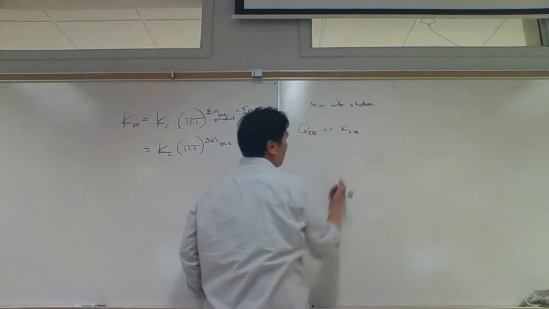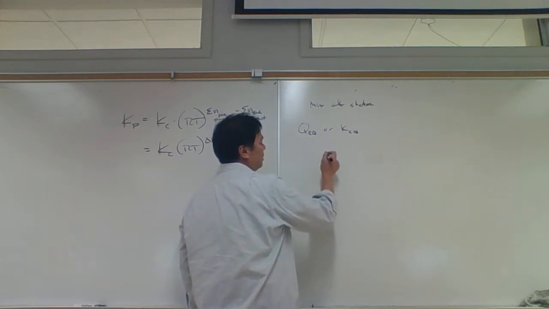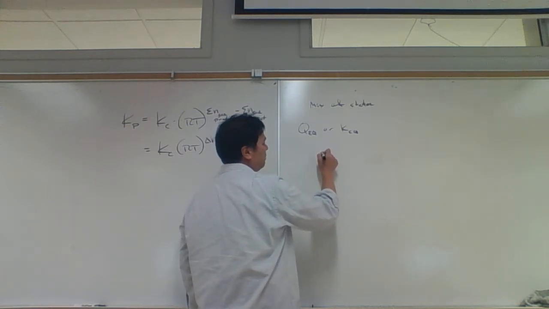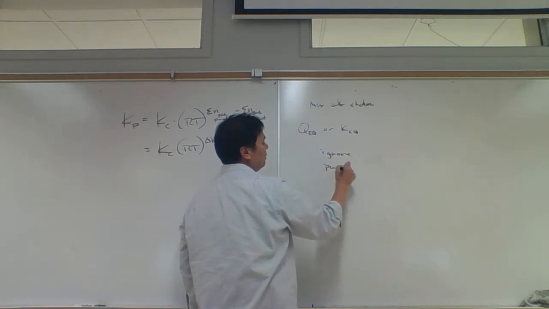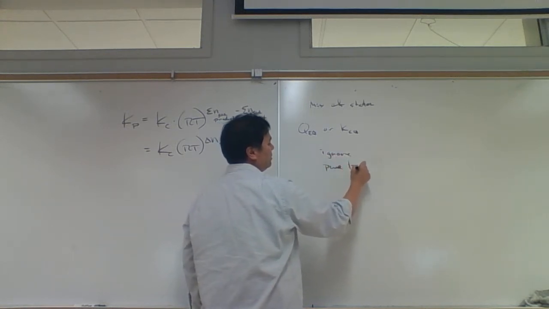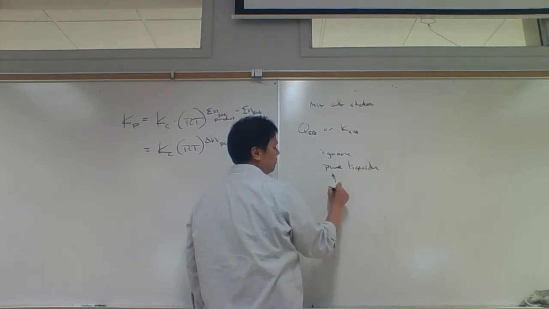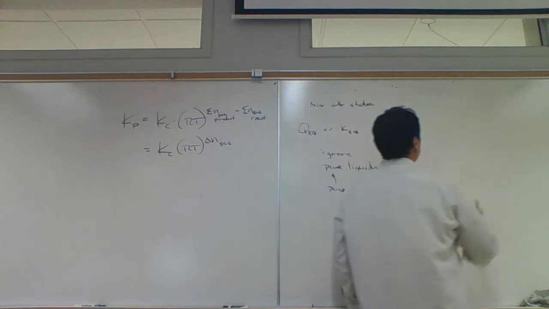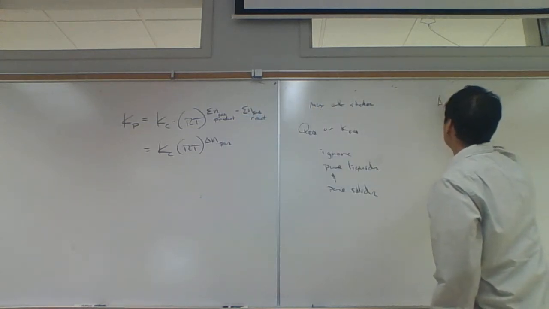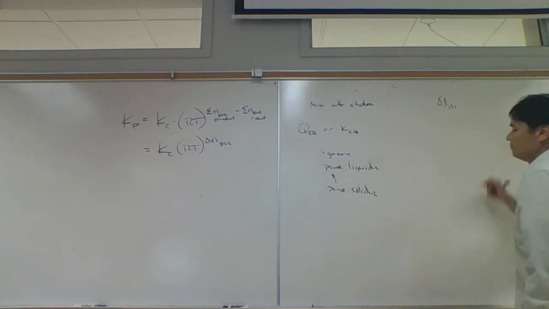And so for QEQ and KEQ, we do this. When we write out the expressions, we're going to ignore pure liquids and pure solids. The reason for that is because pure liquids and pure solids, the concentration doesn't change. So let's start off with some pure aluminum.